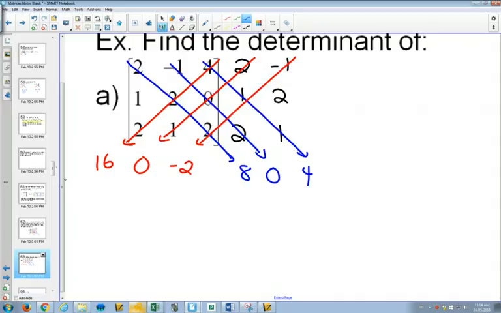So if we add the blue ones up first, you're going to get 12. Subtract, add these ones up, 14. We get negative 2 in the end.